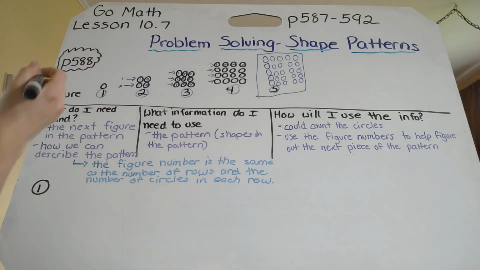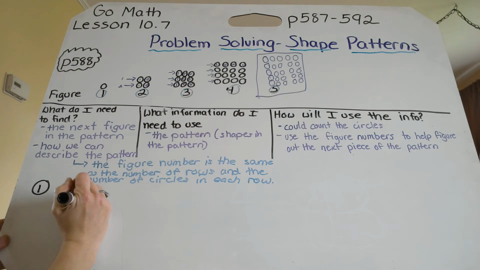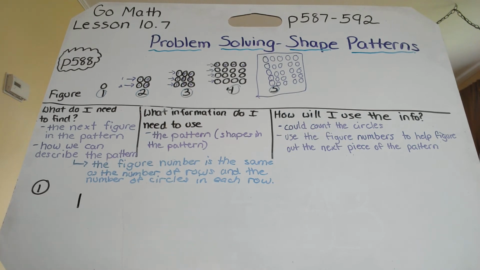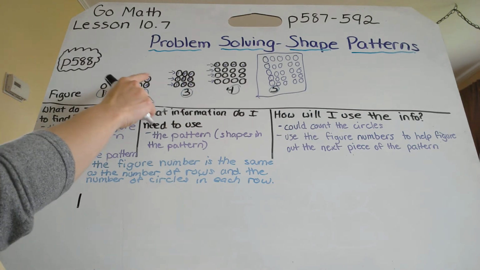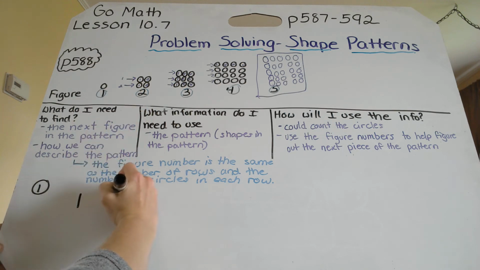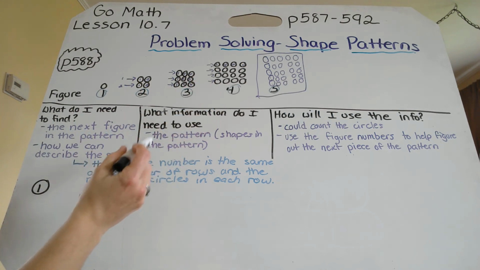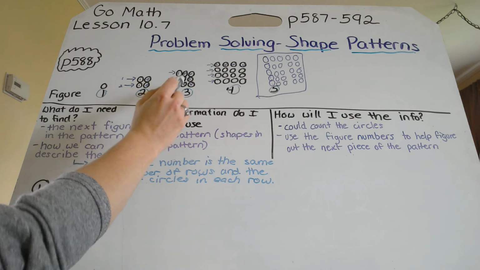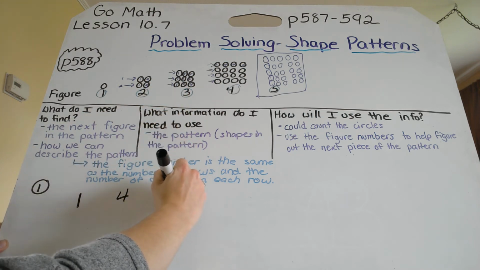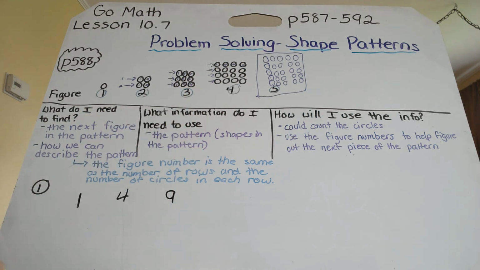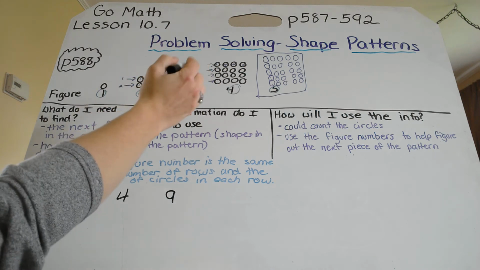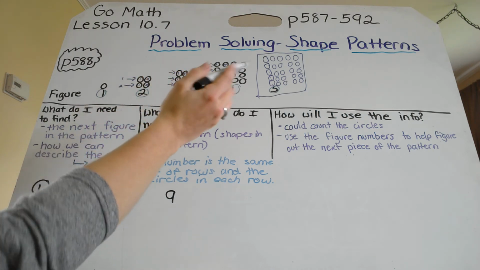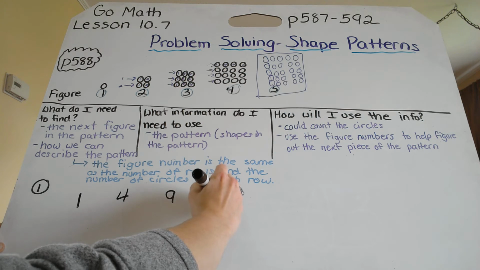All right. So how many circles are in figure 1? Yep, 1. How many are in figure 2? 1, 2, 3, 4. Okay. How many are in figure 3? 1, 2, 3, 4, 5, 6, 7, 8, 9. How many are in figure 4? 1, 2, 3, up to 16.